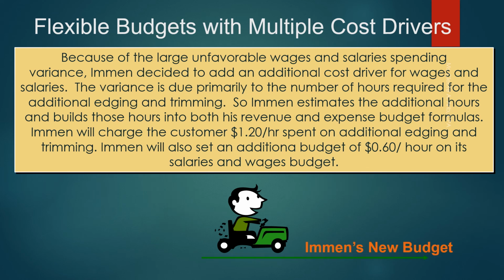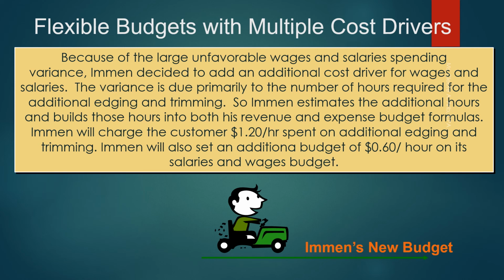To illustrate Learning Objective 5, let us consider itong following information. Sabi dito, because of the large unfavorable wages and salary spending variance, Iman decided to add an additional cost driver for wages and salaries. The variance is due primarily to the number of hours required for the additional edging and trimming.